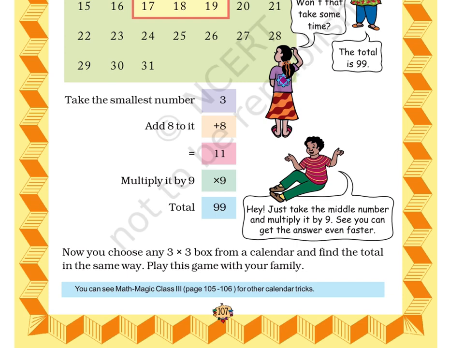See, you can get the answer even faster." Now you choose any 3 by 3 box from a calendar and find the total in the same way. Play this game with your family. For the teacher, you can see MathMagic Class 3, page 105, 106 for other calendar tricks.